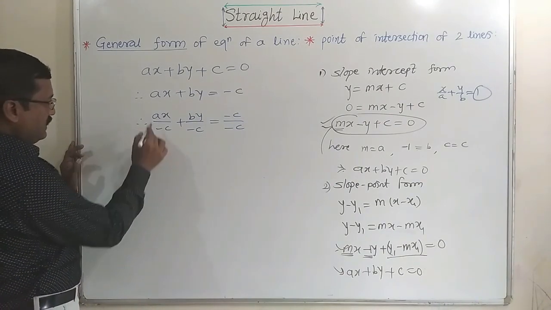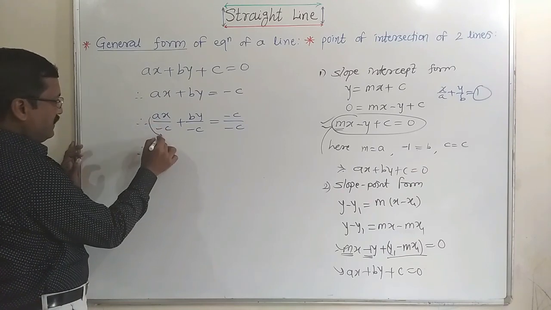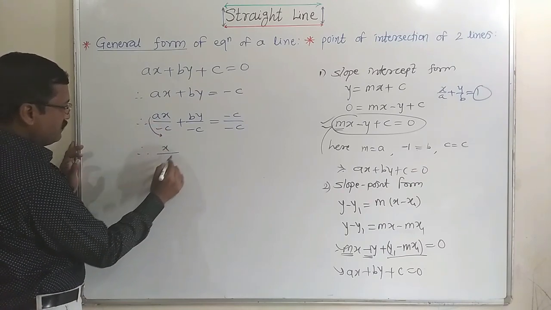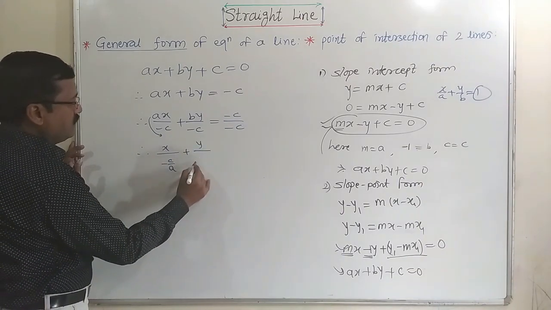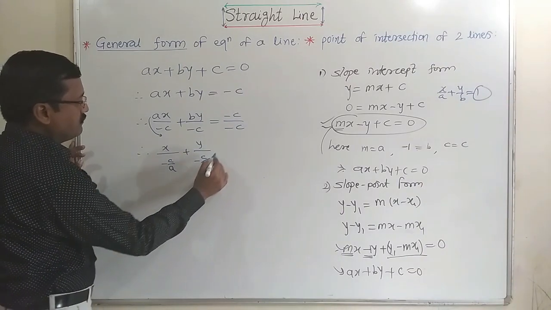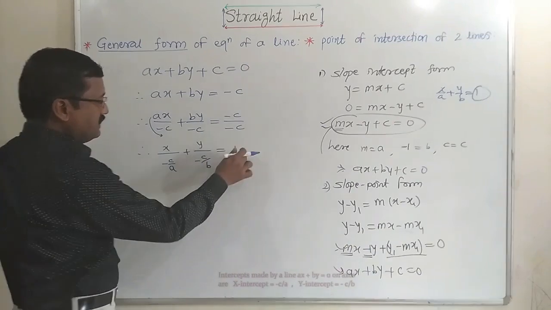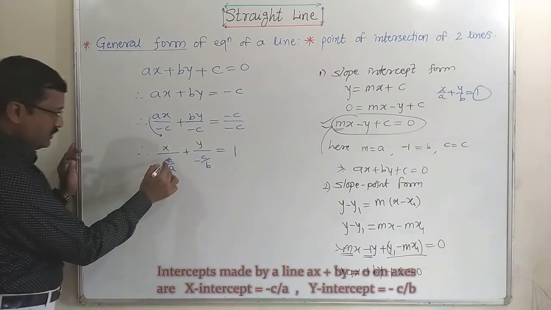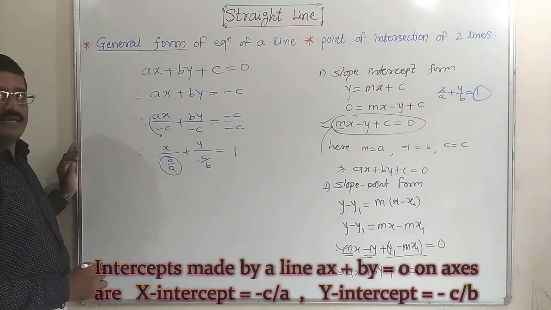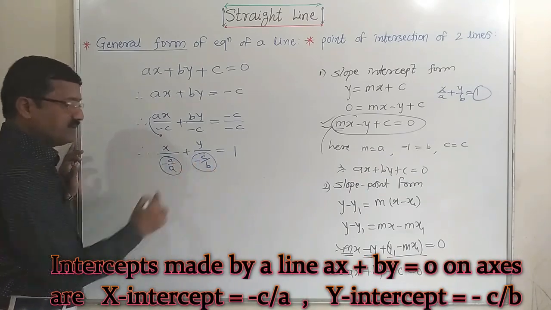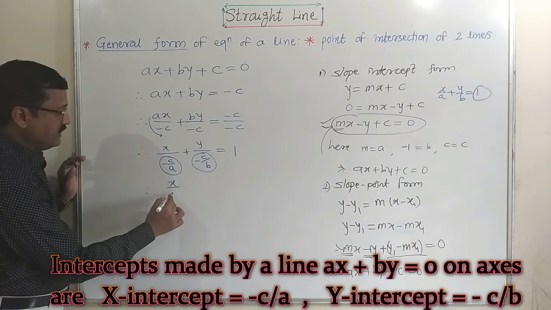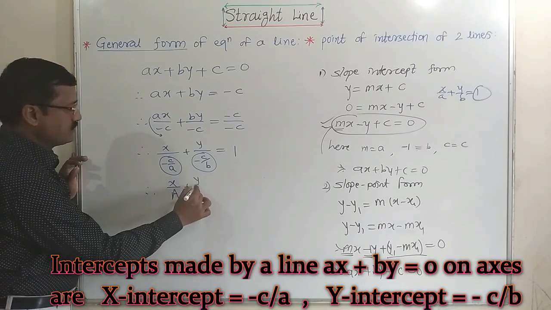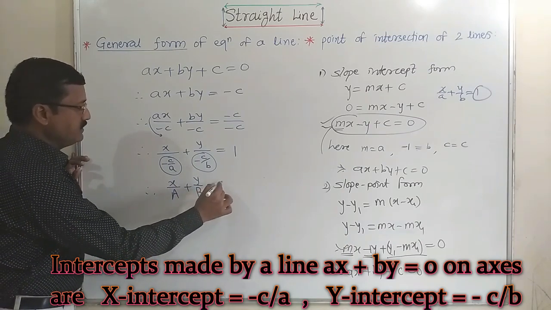Therefore, now take this a at the denominator, we get x upon minus c upon a plus y upon minus c upon b is equal to, on the right we get directly 1. So this will be our x-intercept and this will be y-intercept. Therefore, we will write this as x upon A plus y upon B is equal to 1.